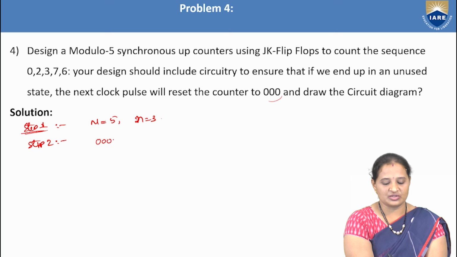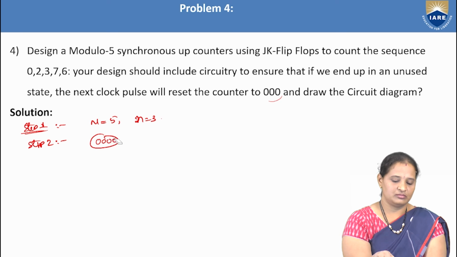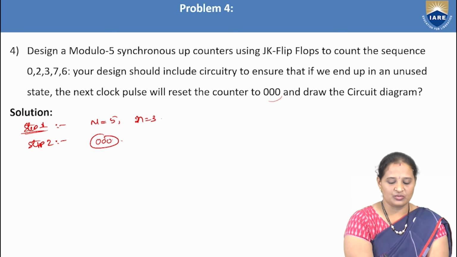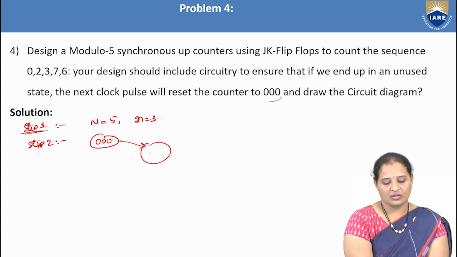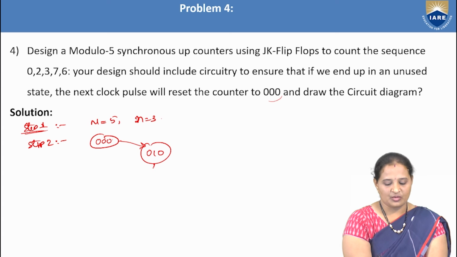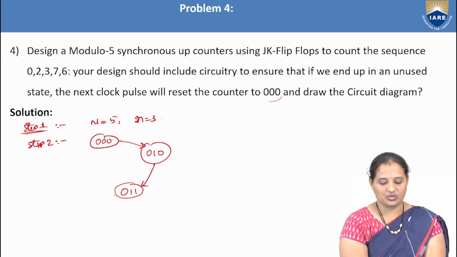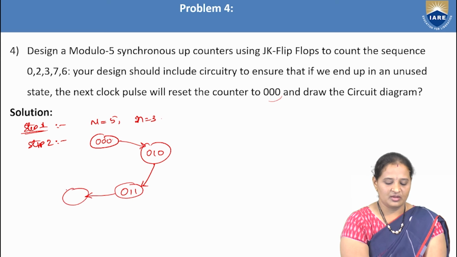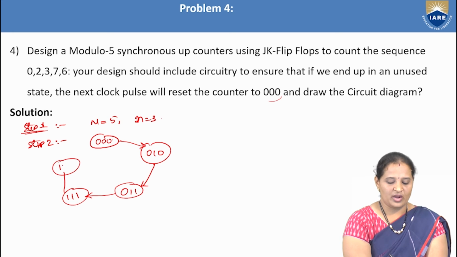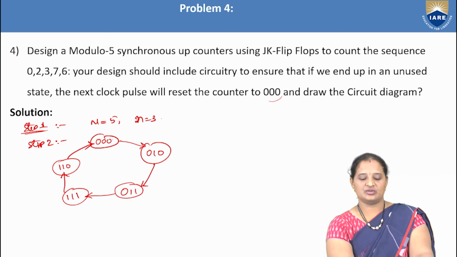If it is 0, 0, 0, it has to go to 0, 1, 0. Once it is going to 0, 1, 0, it has to go to 0, 1, 1. Then 1, 1, 1. Then 1, 1, 0. And then it has to go back to 0, 0, 0.